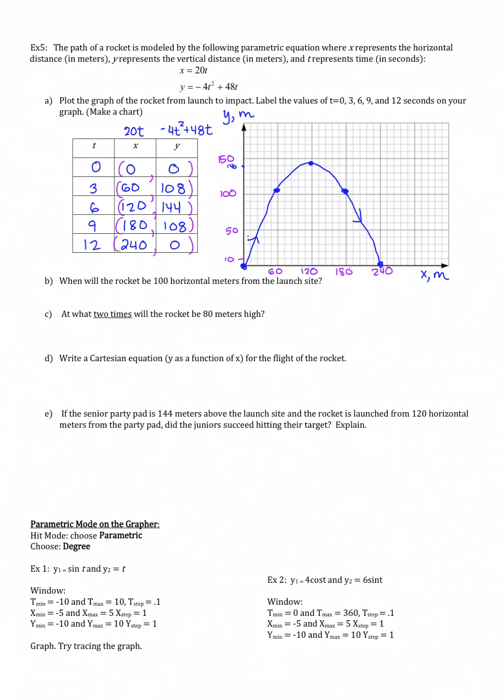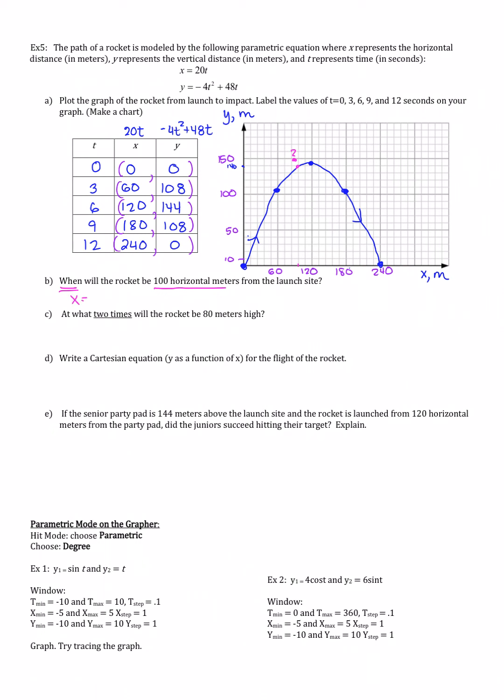So the first thing we want to figure out here is, solving for time, when will the rocket be 100 horizontal meters from the launch site? So horizontal is the x direction, and so 100 is here. They want to know at what time are you at this point, because that's when you're 100 meters from the launch site.